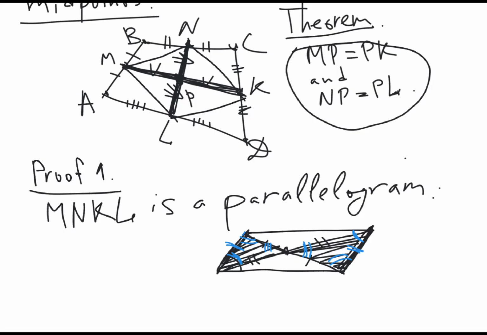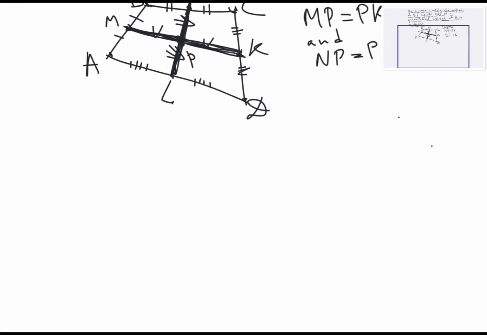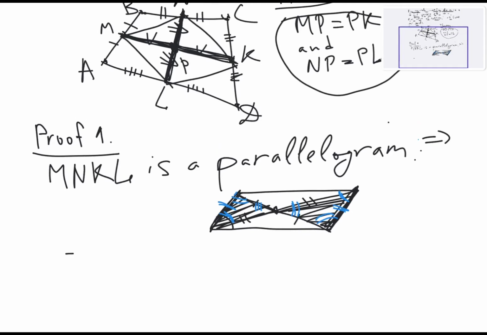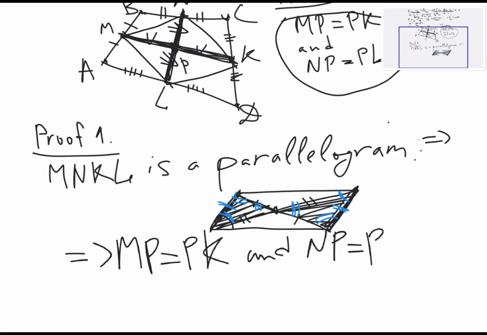So yeah, MNKL is a parallelogram. From this it follows basically that MP is equal to PK and NP is equal to PL, and this concludes the proof.